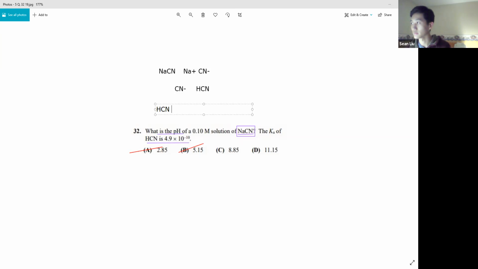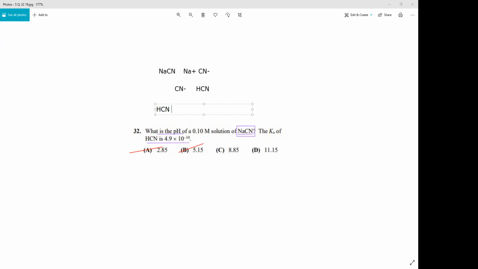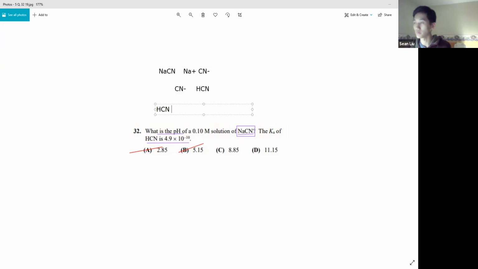And then what comes next? Are we doing the concentration stuff? No, we're writing out an equation, like a reaction equation. Remember, we have HA goes to H plus plus A minus. This is essentially what we're rewriting, but in this particular case.